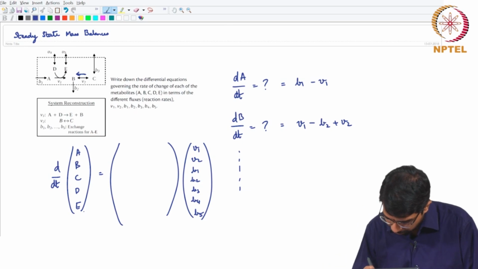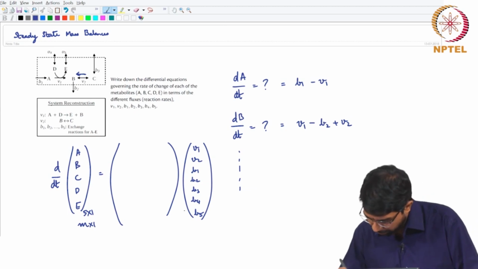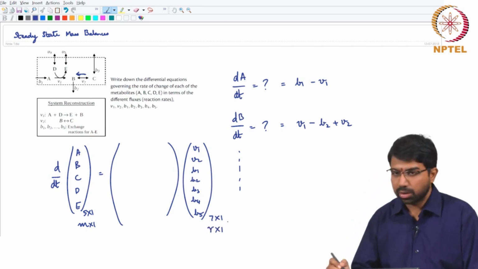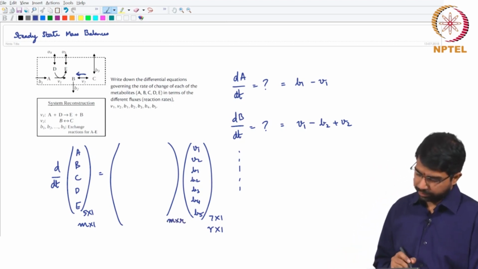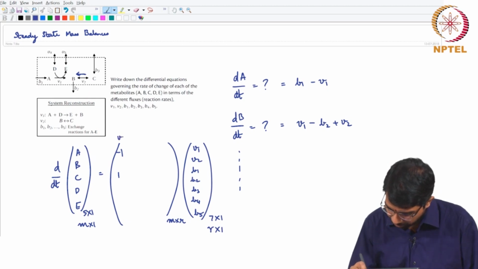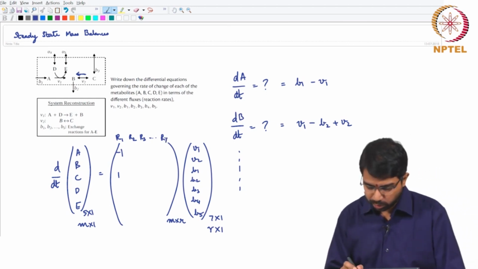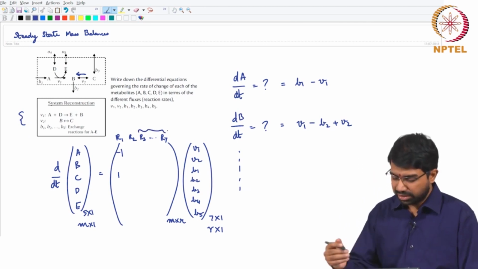So, this is going to be a 5 cross 1 or number of metabolites cross 1, this is going to be 7 cross 1 or number of fluxes or number of reactions cross 1, and this is therefore going to be M cross R. So, you can actually think of writing these as corresponding to reaction V1, or maybe I could say reaction 1, reaction 2, reaction 3, reaction 7, where the first 2 are the real reactions that you see here and the remaining 5 are what are known as exchange reactions.